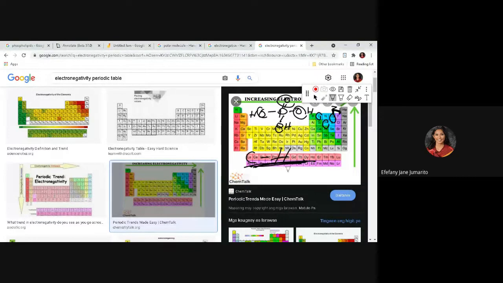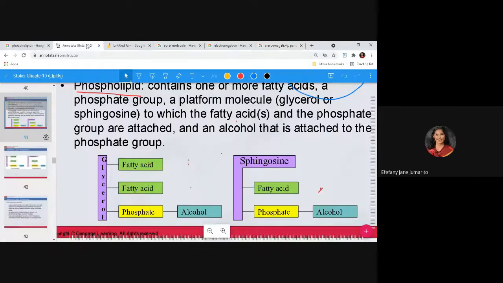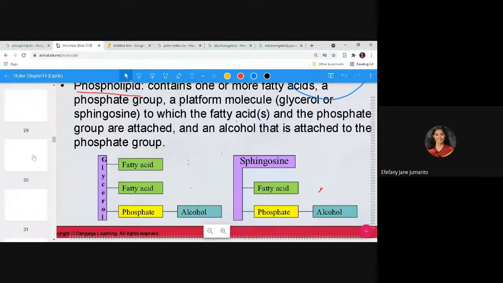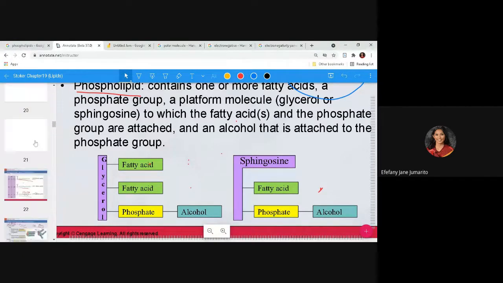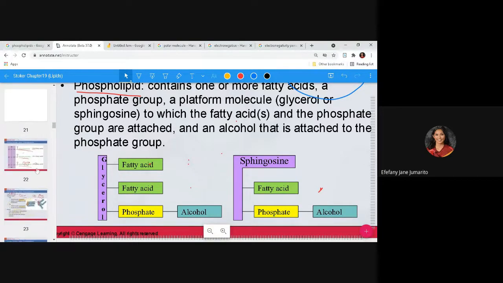Okay, non-polar. When we have C, double C, is it polar or non-polar? Non-polar, ma'am. So since it's non-polar, that explains your fatty acid tail as non-polar.